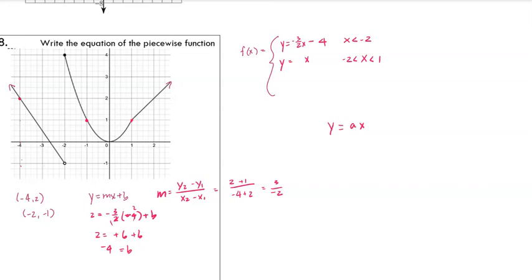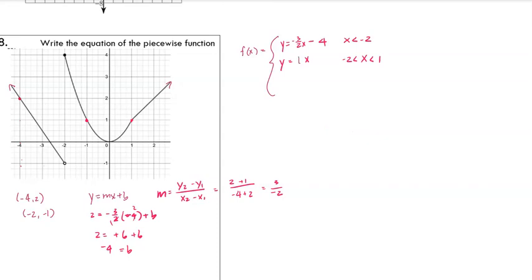For negative 2, is it actually? Yeah, I think it's just 1. Just 1 x squared, because if I put in negative 2, it's just 1.